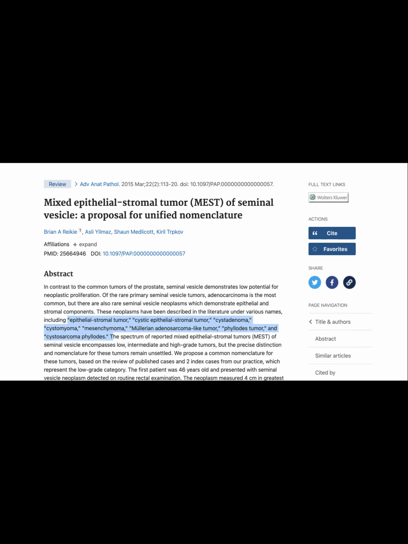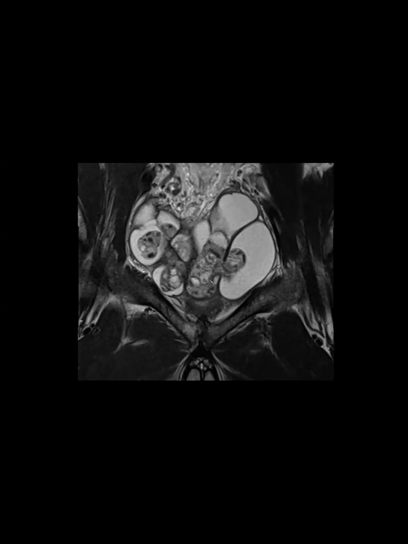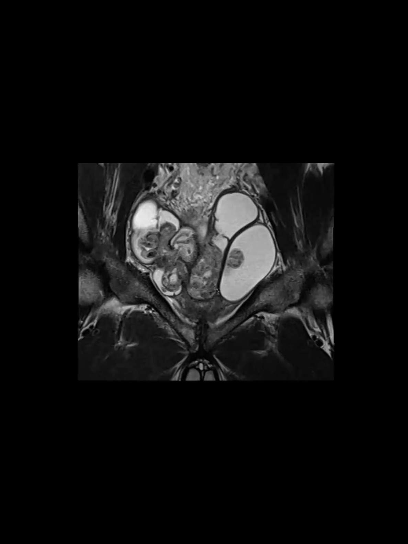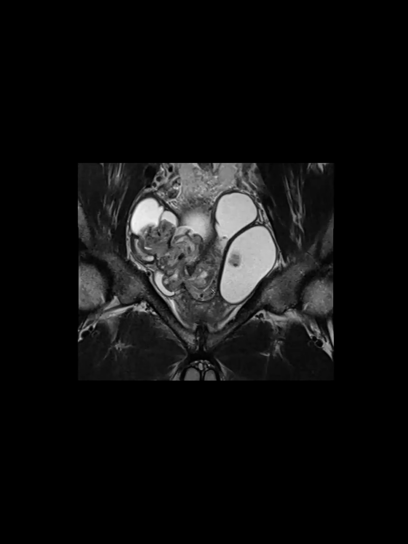In retrospect, this lesion looks very similar to the ones I found online for what used to be called a giant cystadenoma of the prostate or of the seminal vesicle. Nice case, but now called a MEST. Isn't it cool? Very cool.